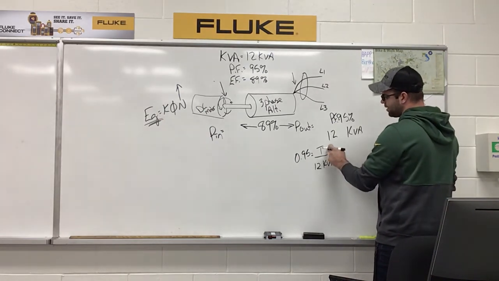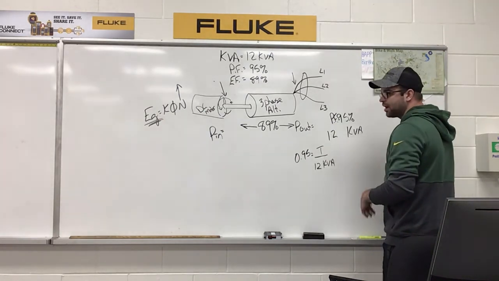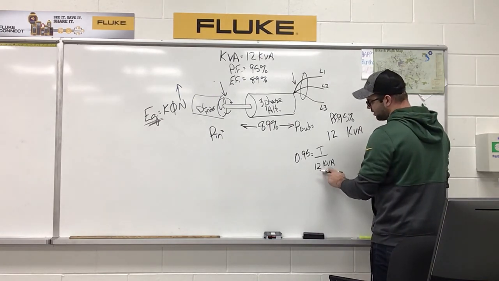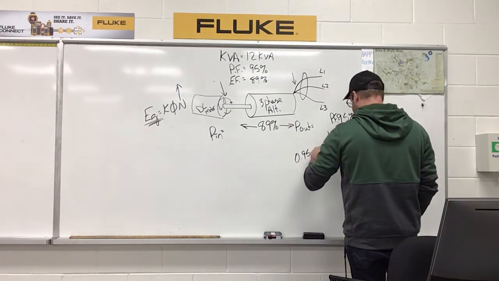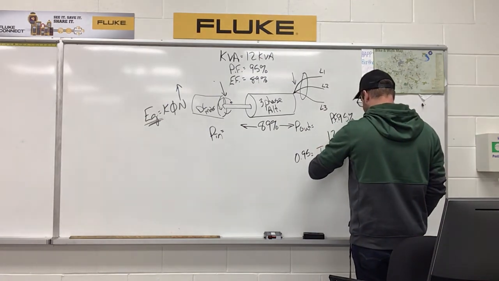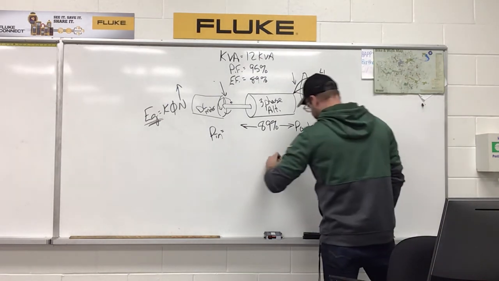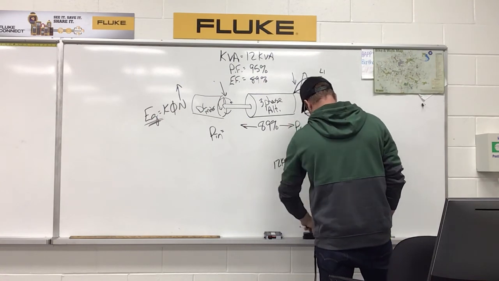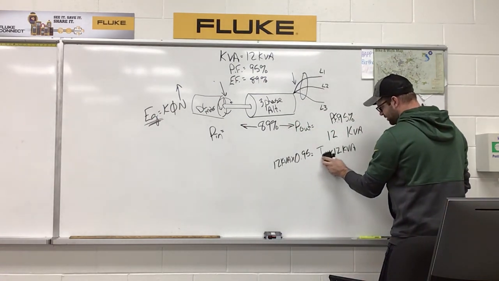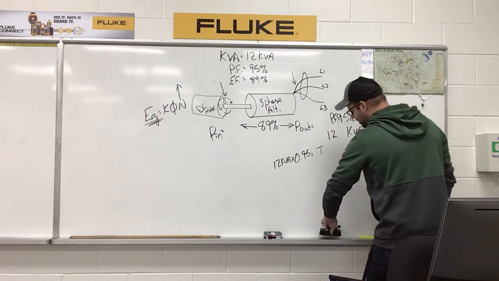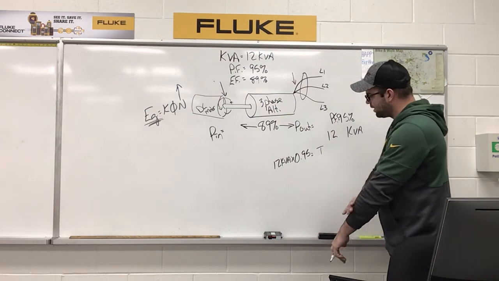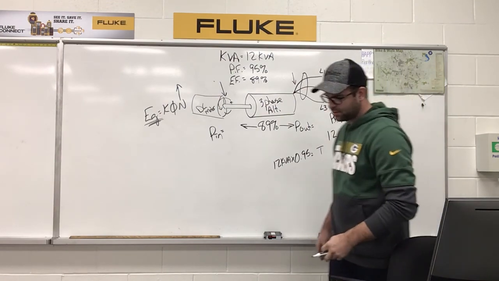And we want to get true power by itself. So how do we do that? Well, to get true power by itself, we have to multiply by 12 kVA on each side. And that gets our true power by itself. And remember, true power is always going to be a smaller value than what our apparent power is going to be.